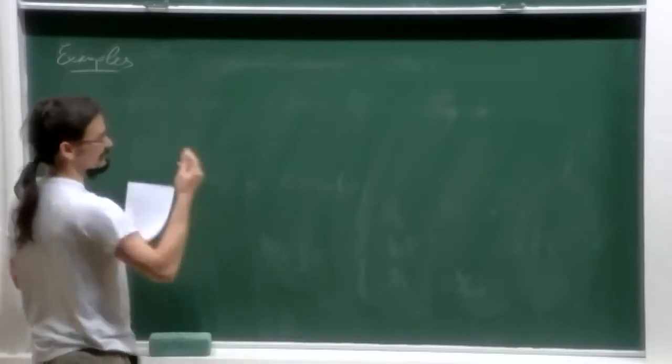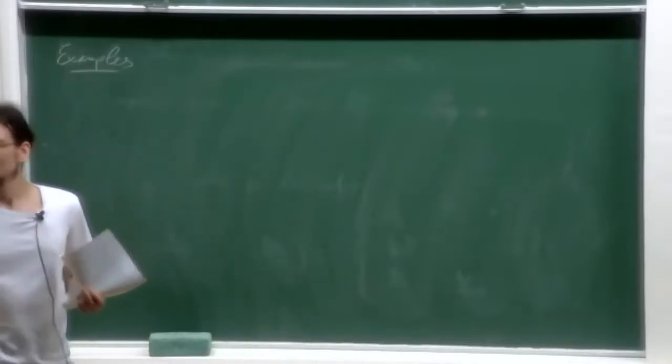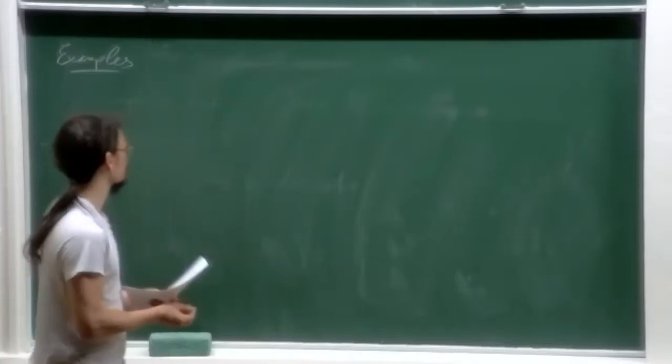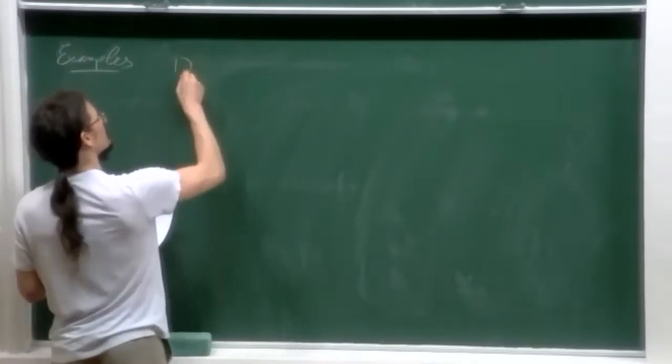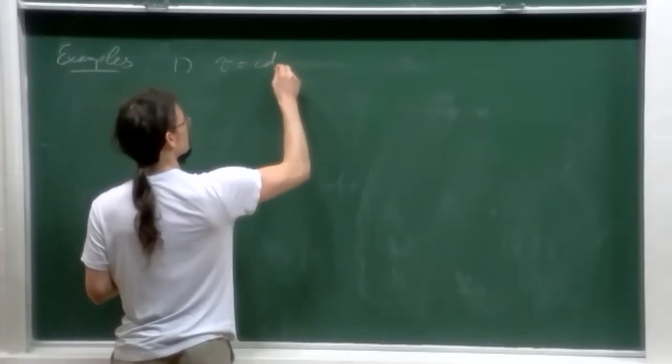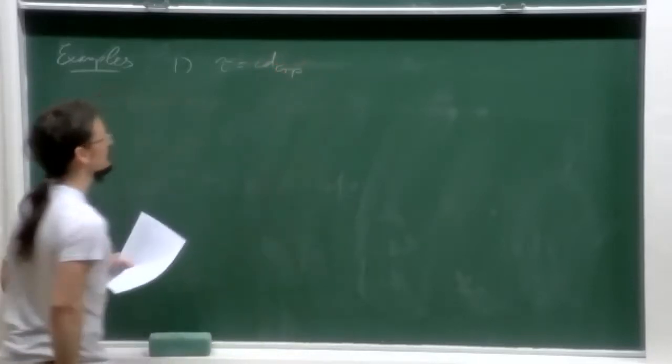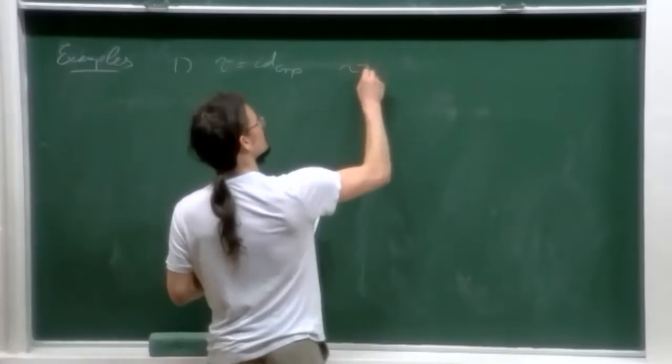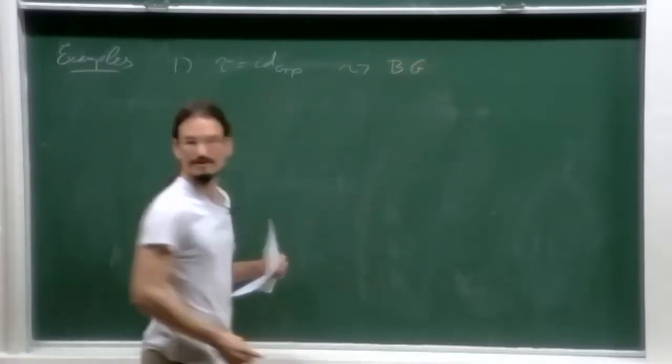Okay, so first of all, this includes tau not doing anything. So you can have tau just be the identity functor, which is going to lead us just to BG.